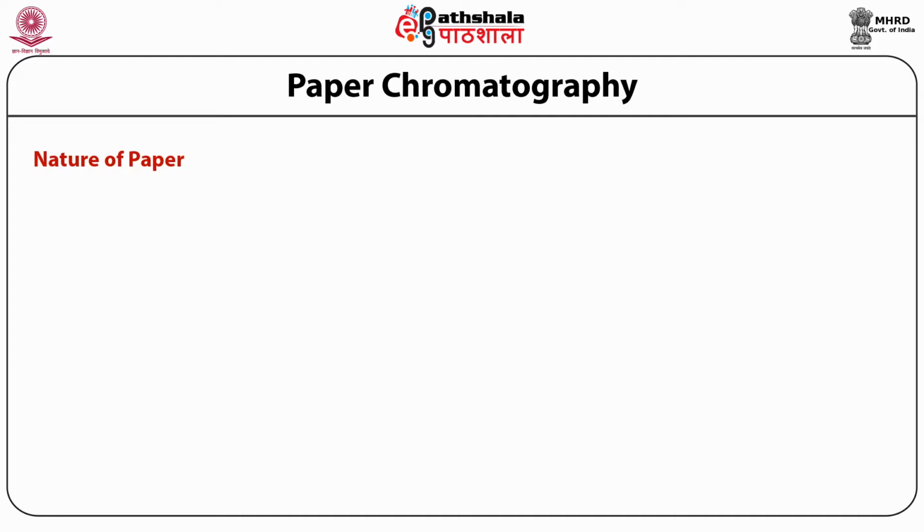Before studying paper chromatography, we shall study the nature of the paper, and why it can be used for separation of different types of substances. The paper commonly used consists of highly purified cellulose.